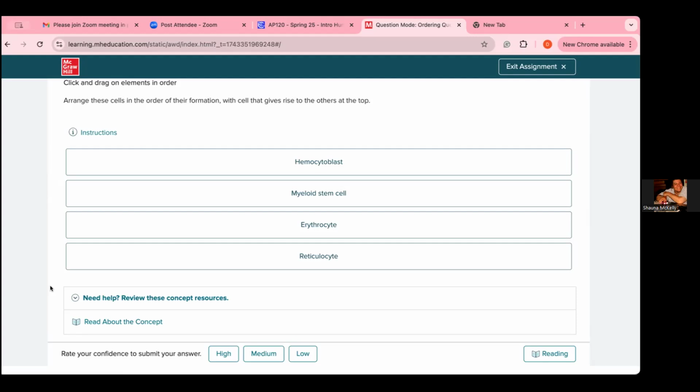So hemocytoblast stem cells become myeloid progenitors. Okay, let's see.